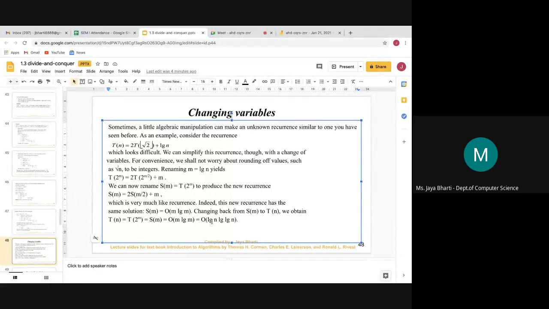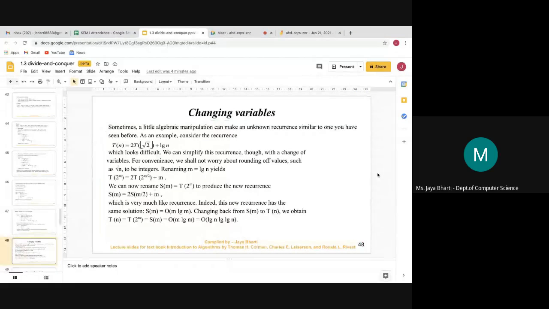Since the value of m is log n, when we substitute, it will be log n, then the log we already had from before, so log log n. This whole thing is for m, so it will be log n log log n. In that way we can simplify the recurrence relations.